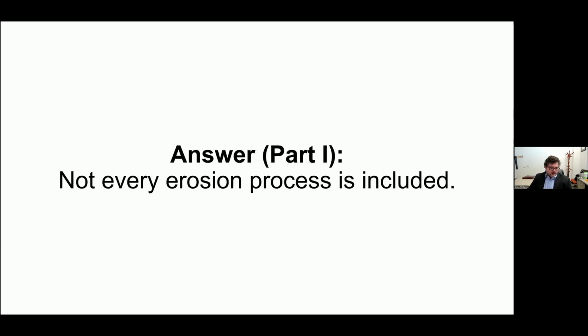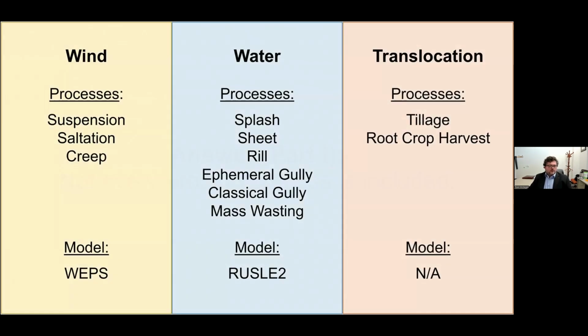So part one, I want to point out, not every erosion process is included in conservation planning. So I have here all three of the big ones: wind, water, and translocation, and the different processes underneath each of those. So under wind, you have suspension, saltation, and creep. I'm going to show you some pictures of that in a second, or a picture of that.